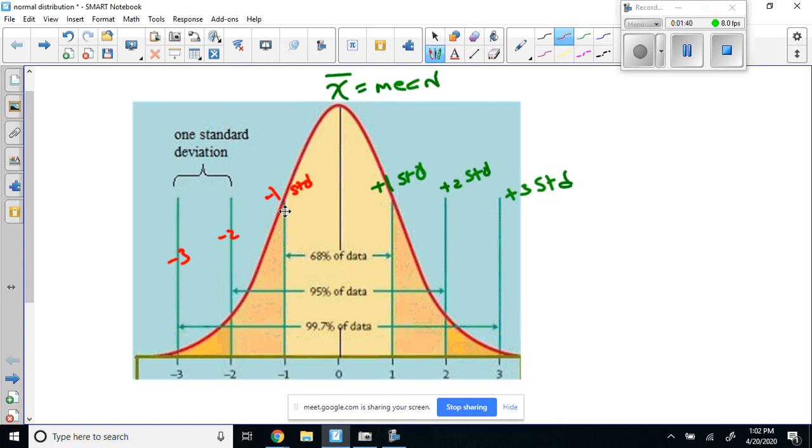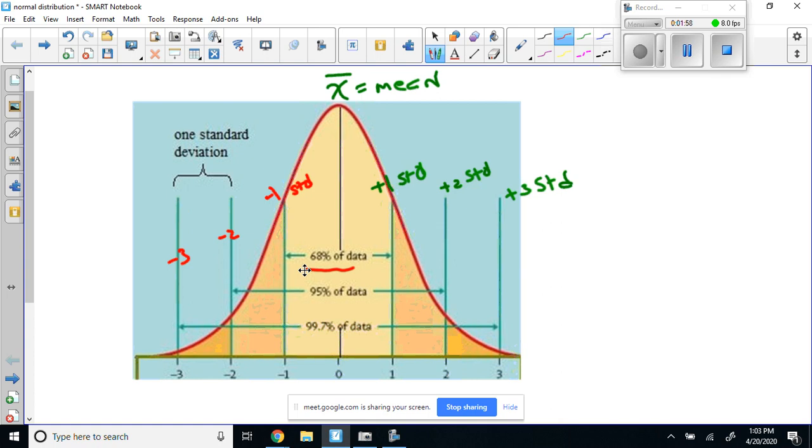So what we have to understand is 1 standard deviation to the right and left of the mean is 68% of your data falls within 1 standard deviation.